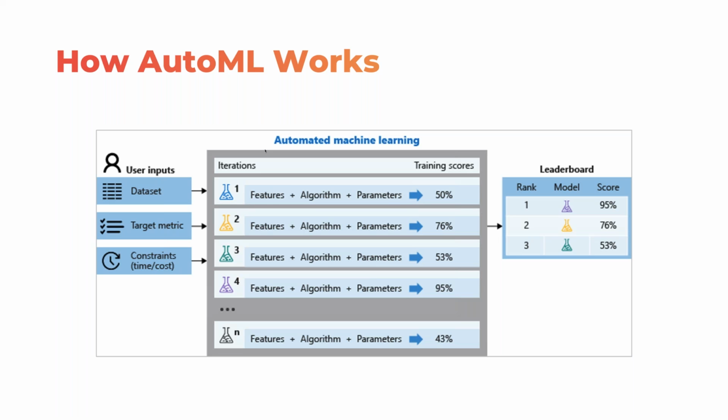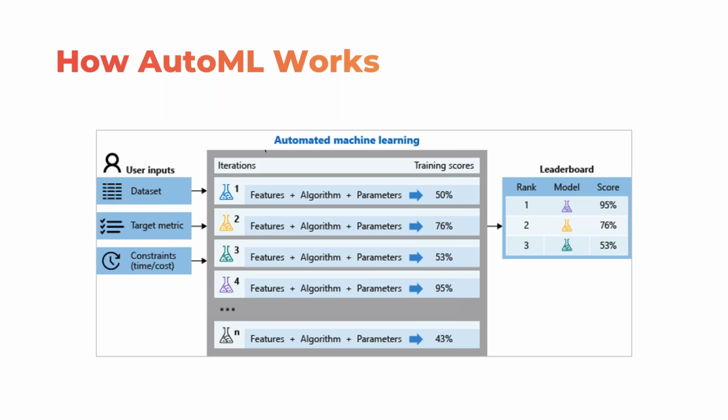You can't bring in a broken data set with a lot of missing values and very inconsistent data points. Of course, AutoML will fix a lot of those problems, but your data set should be clean enough and ready for AutoML to kick off the training and parameter tuning. So that is the data set.